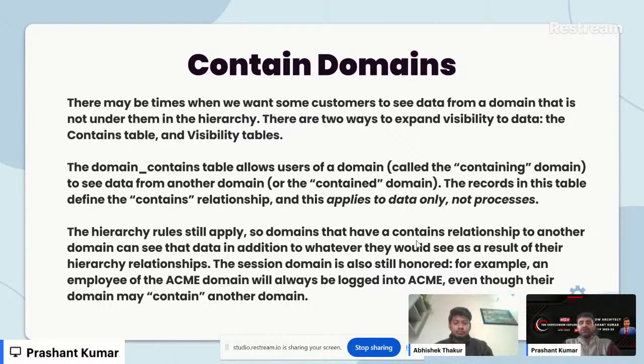Now, for some users from domain 1 who want to access the data of domain 2 of the same parent company, that's the scenario where they will provide access to each other's domain. For that we have two options: contains domain and visibility domain.